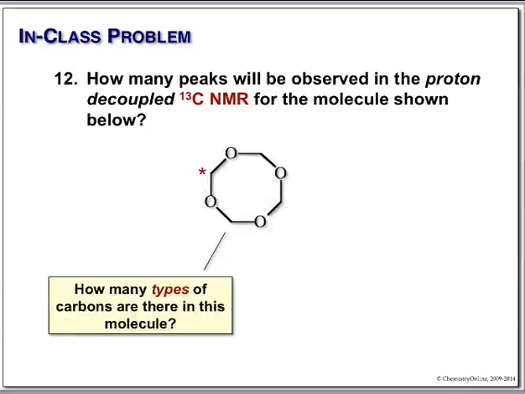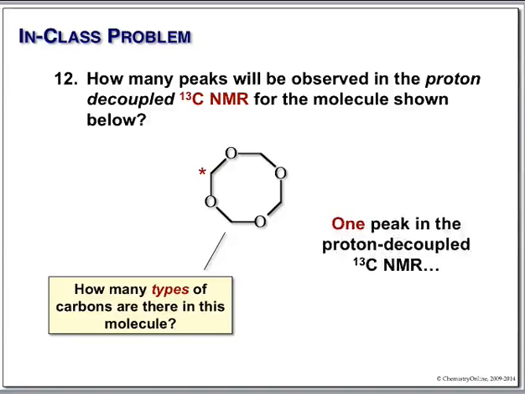We have a carbon in between 2 oxygens. Doing the same exercise again, this is also a carbon between 2 oxygens, but it is magnetically equivalent to this one, so it doesn't count. If you go around the ring, all of these carbons are magnetically equivalent, and we get 1 peak.